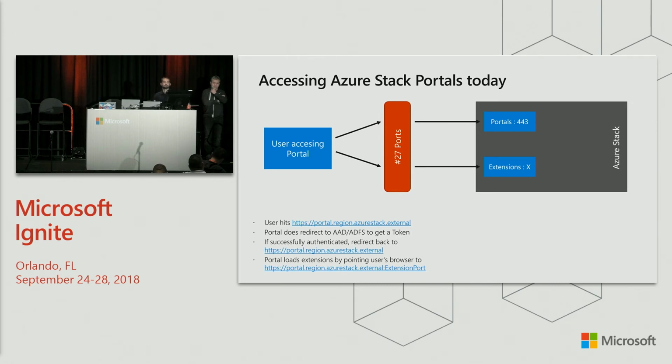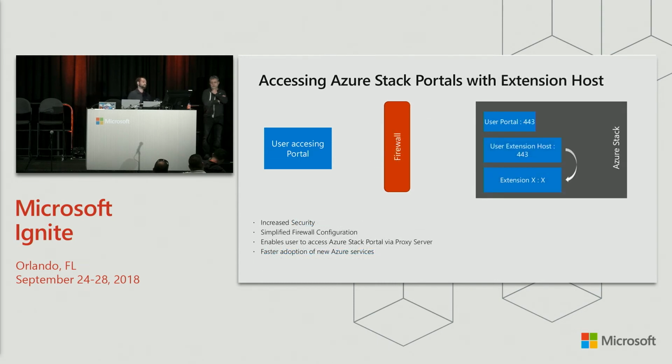Today, we're talking 27 ports. And guess what? Those ports are not standardized on 443. So the feedback you clearly told us is, help us simplify that firewall configuration, increase security by reducing the footprint, standardize on the ports.